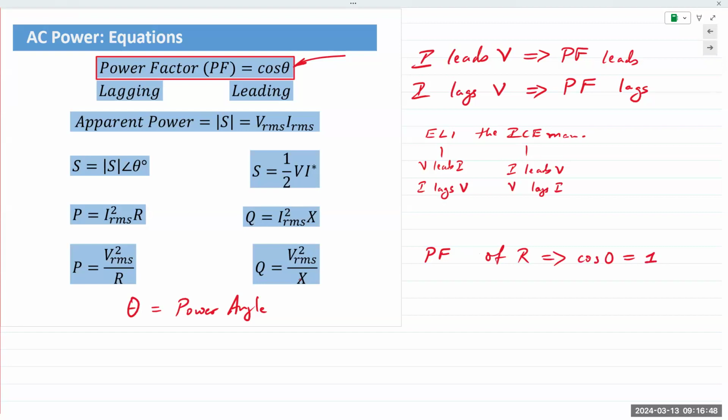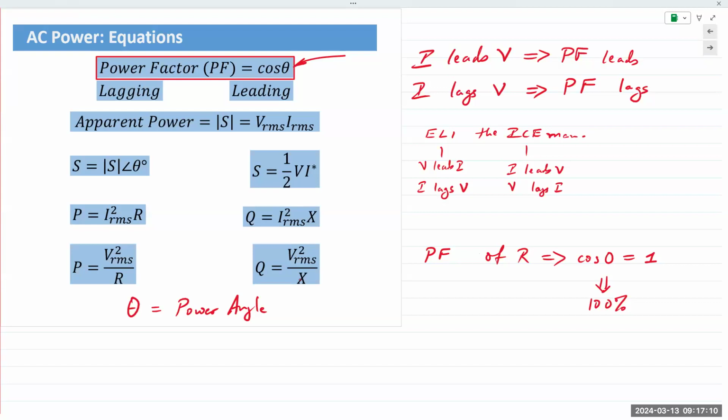In terms of percentage, it would be 100%. For typical inductive loads, power factor could be 50%, 40%, 30%, depending on the inductive load and the circuit configuration.